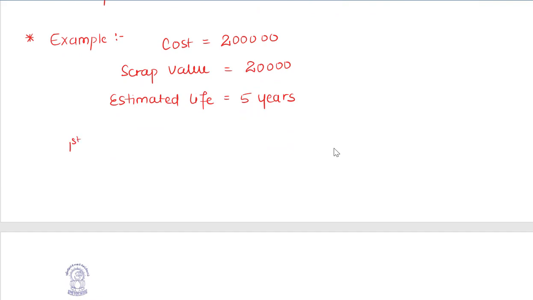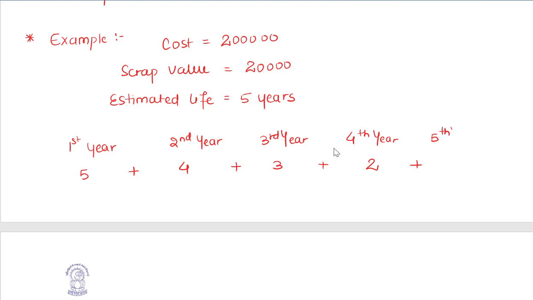So, for the first year it would be 5, for the second year it would be 4, for the third year it would be 3, for the fourth year it would be 2, and for the fifth year it would be 1.